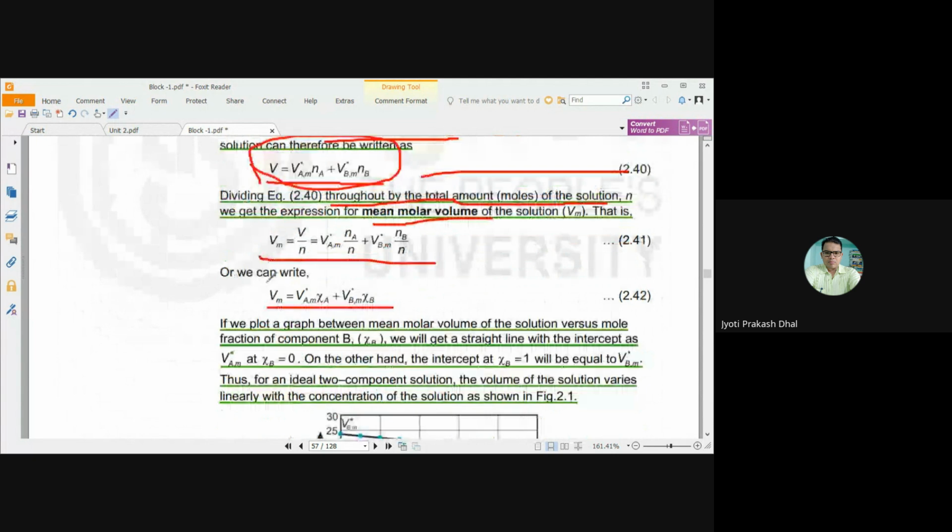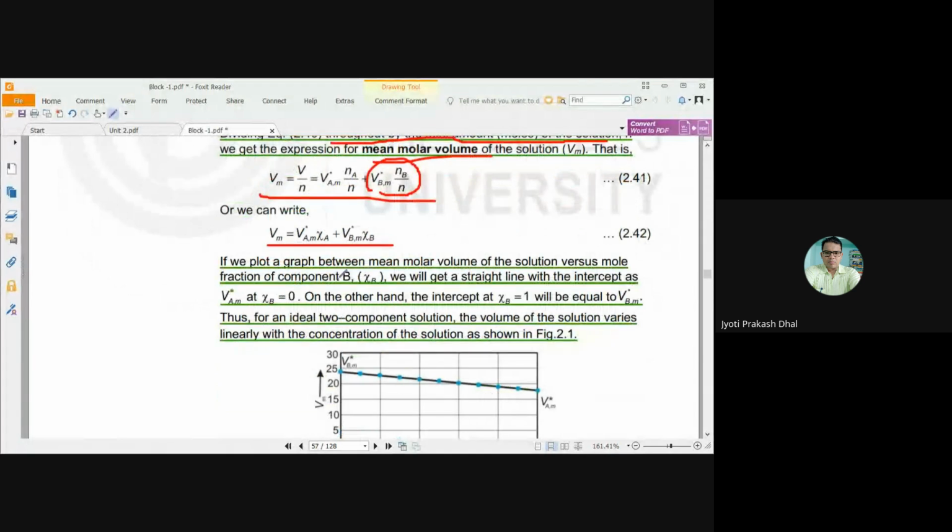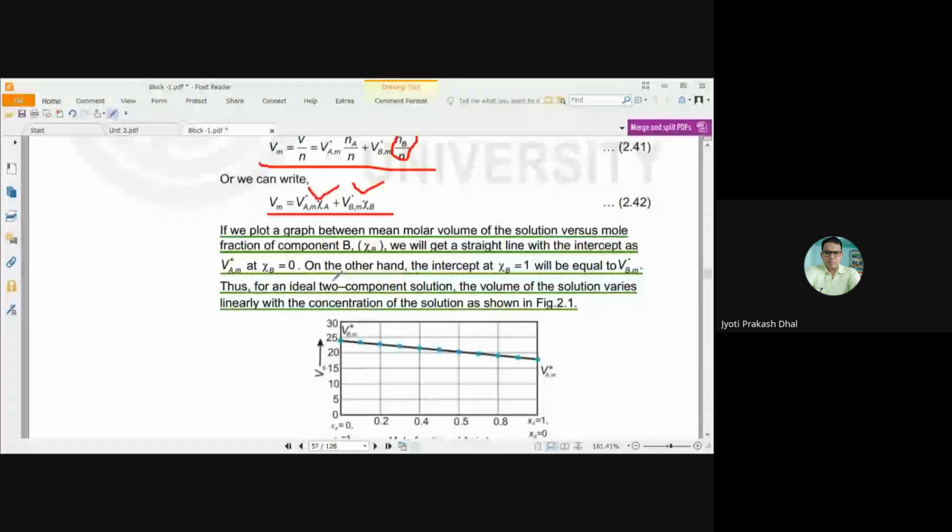So the mean molar volume Vm equals total V by N, where N is the total number of moles, which equals VAM star NA by N plus VBM star NB by N. Here NA by N is nothing but the mole fraction of A, chi A, and NB by N is the mole fraction of B, chi B, and hence mean molar volume Vm equals VAM star chi A plus VBM star chi B.